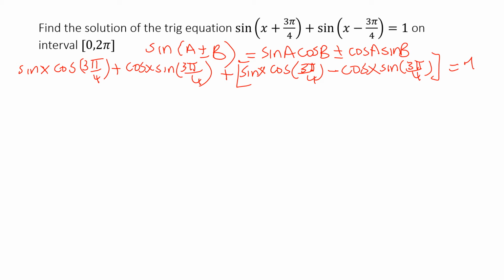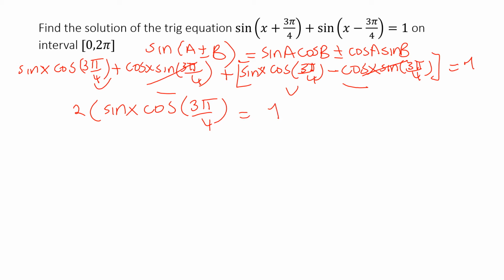Now since this is negative and this is positive and they're like terms, they're going to cancel out, and we're going to have 2 times sine x cos 3π/4. Because these are like terms, it equals 1.